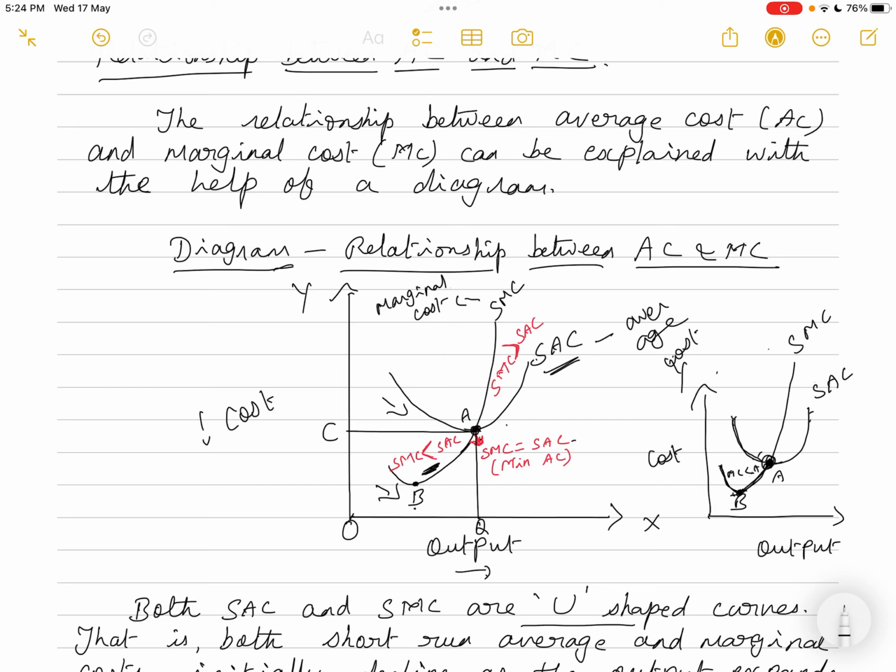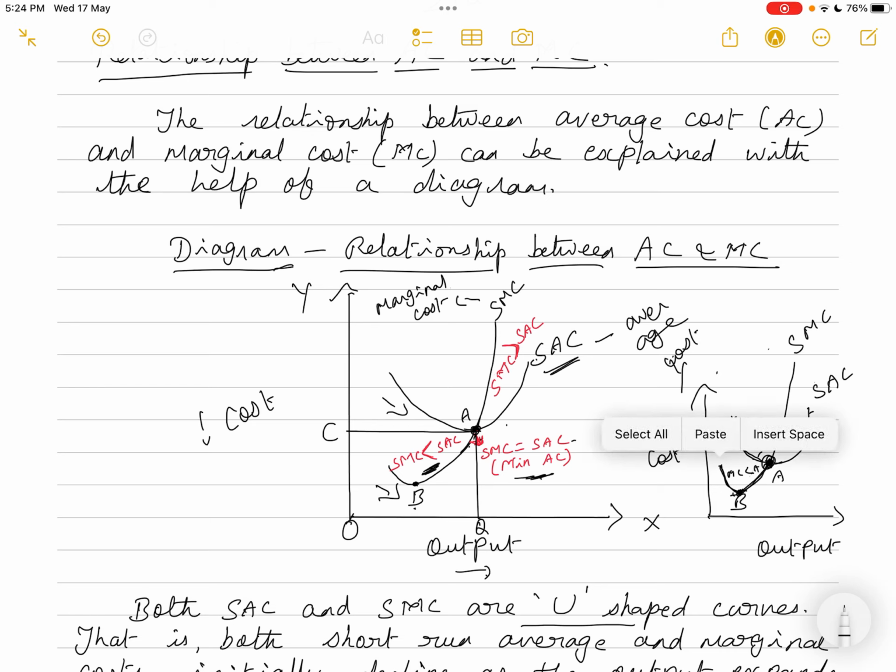So this is the minimum point where SMC is equal to SAC. That is the second: initially when they both are decreasing, SMC is lesser than SAC, and then SMC intersects the average cost when the average cost is minimum. That is point A in the diagram.